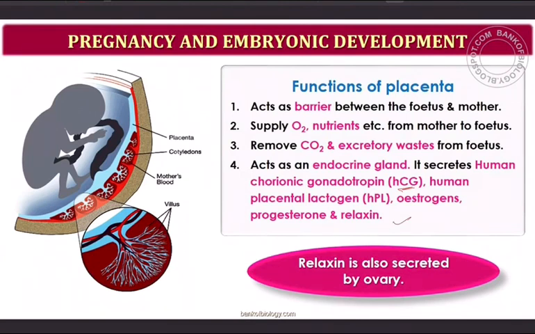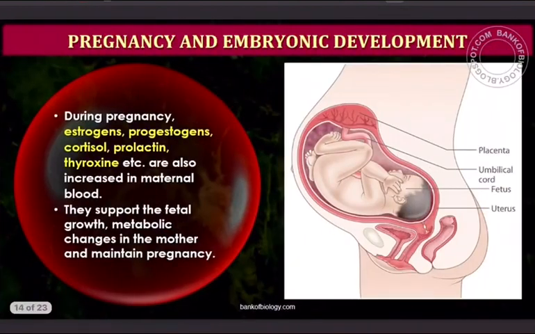It secretes human chorionic gonadotropin, HCG, and human placental lactogen, HPL, estrogens, progesterone, and relaxin. Look at how many hormones it is secreting. Relaxin is also secreted by the ovary. Under the influence of all this, the baby starts growing.